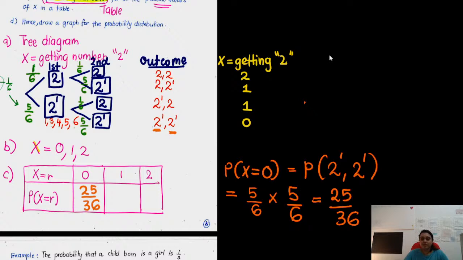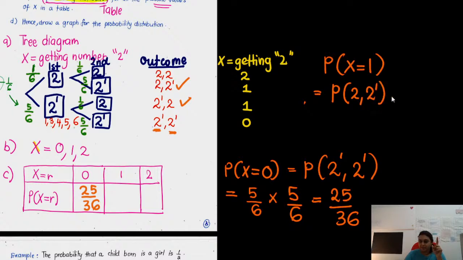Let's calculate probability to get one time. That means the number 2 can come one time only. Okay, so what probabilities we have here? We have this one and this one, correct? Okay, so you copy that one first. 2 and 2 prime, or this one, 2 prime and 2.